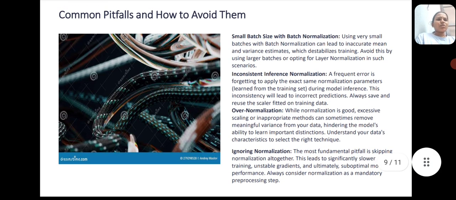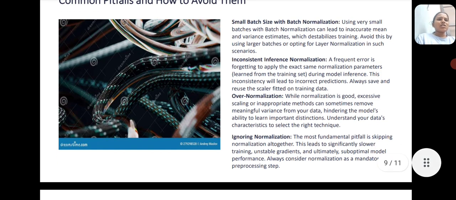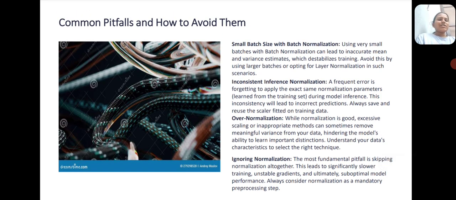Inconsistent inference normalization. A frequent error is forgetting to apply the exact same normalization parameters during model inference. Over normalization. While normalization is good, excessive scaling or inappropriate methods can sometimes remove meaningful variance from your data, hindering the model's ability to learn important distinctions.